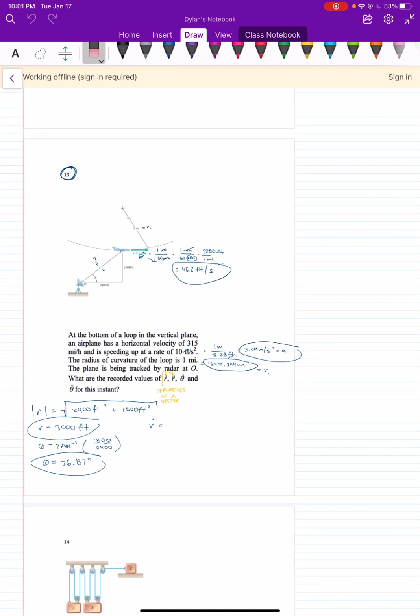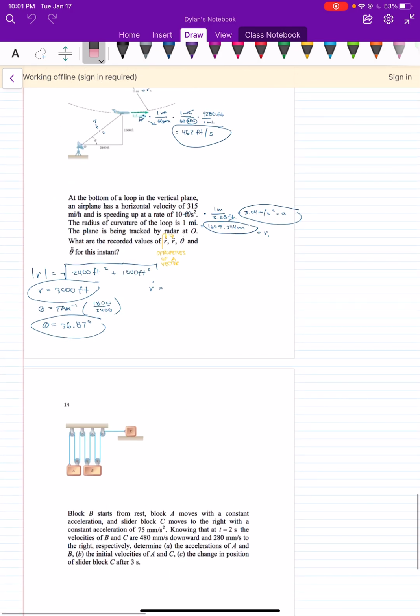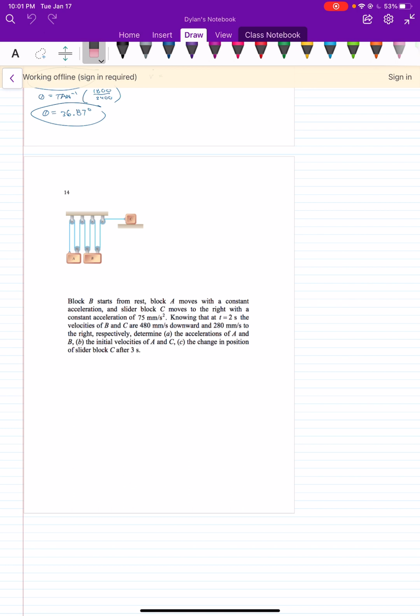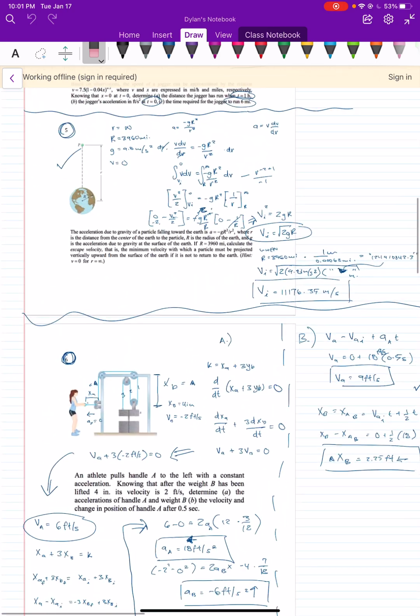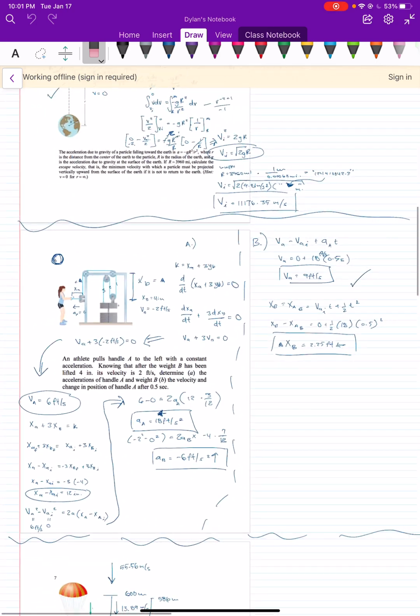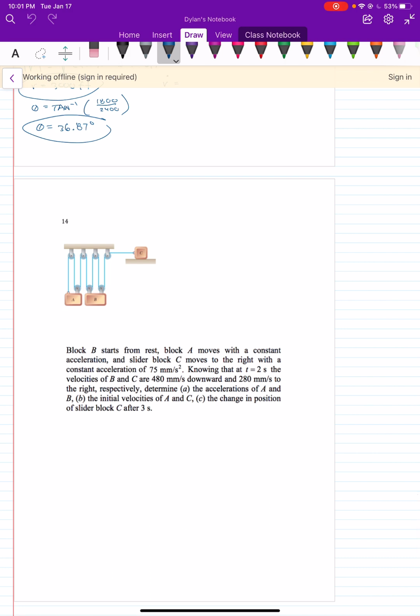It's been a minute since I've done that, and I haven't really learned that in my math classes or physics. 14, I'm going to draw a force diagram for this one and count all of my pulleys. I think it's going to be a very similar concept to number 6. That's my understanding of it, just with different values.